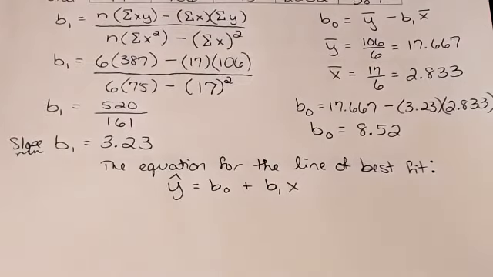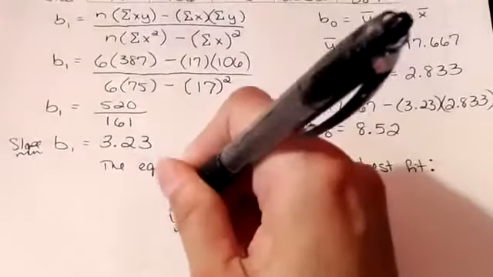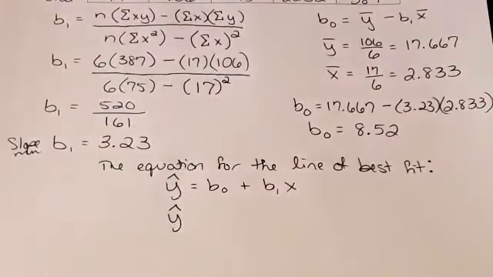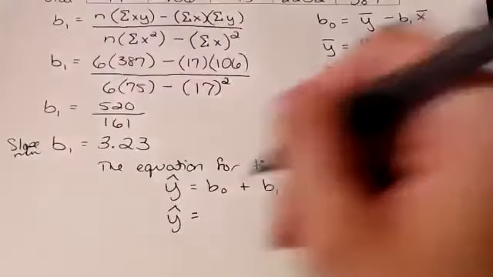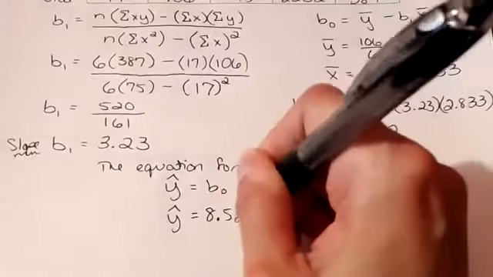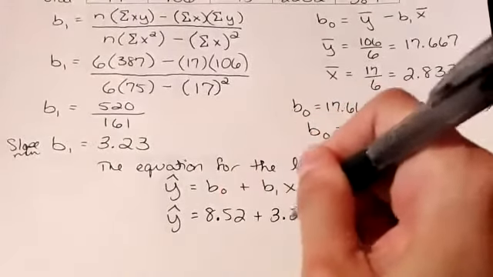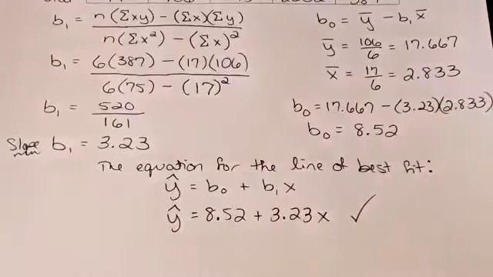That's it. The rest stays exactly the same. Think to y equals mx plus b. When you plugged in those values, you saw equations like y is equal to 2x plus 5, right? Where there's still a y and there's still an x. So our line of best fit, which will help us to predict values, is y hat is equal to 8.52 plus 3.23x. And that is your equation.